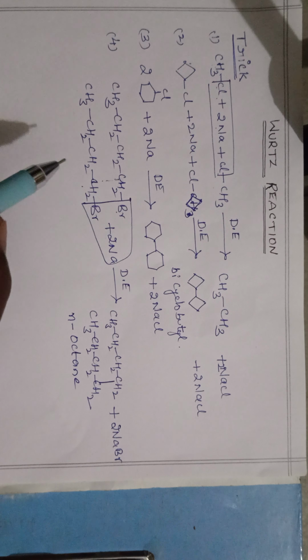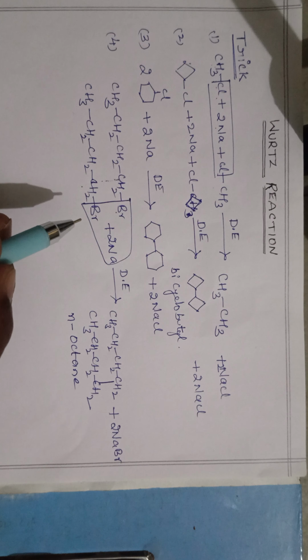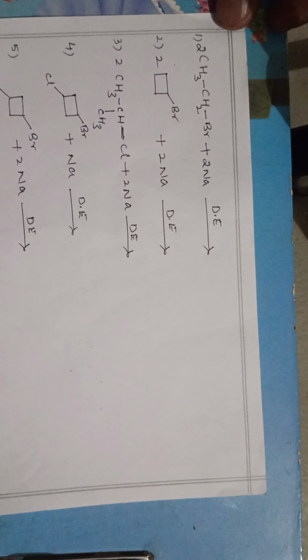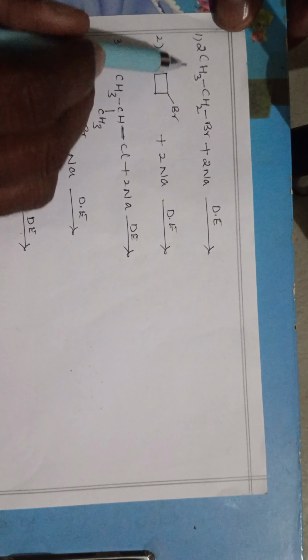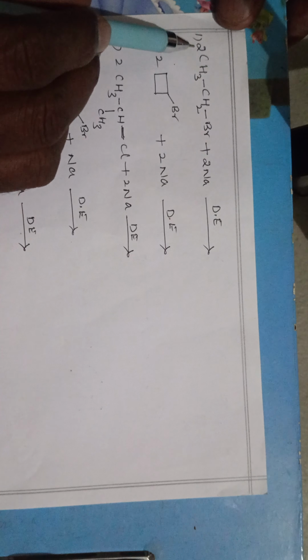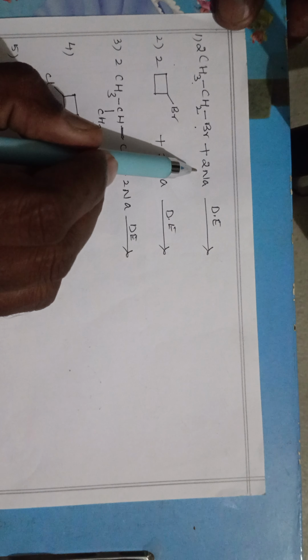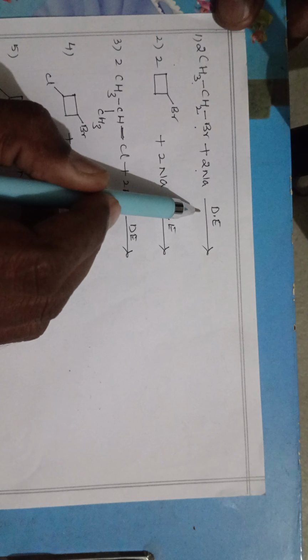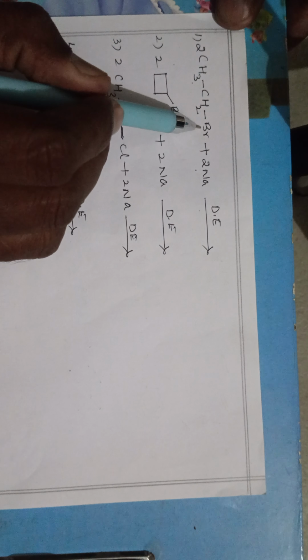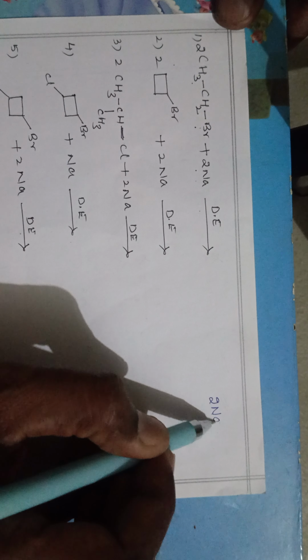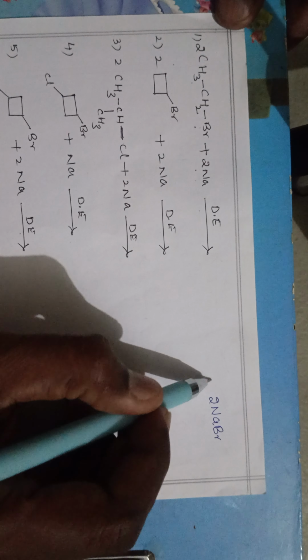Then let's see some examples. Now guys, 2 moles of ethyl bromide react with 2 moles of sodium in the presence of dry ether. Here bromine and sodium go as sodium bromide.